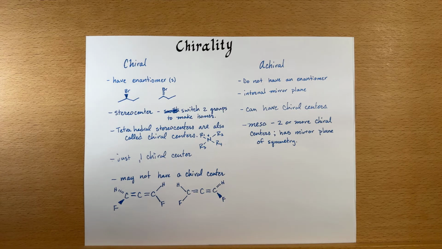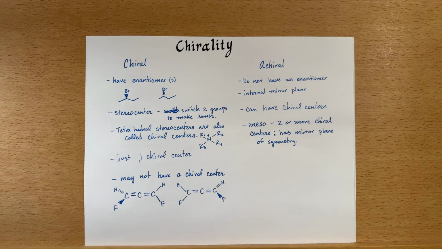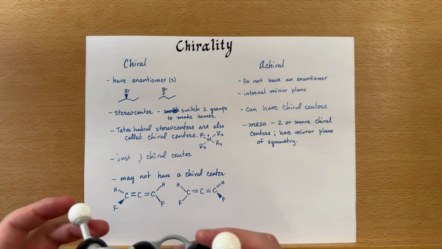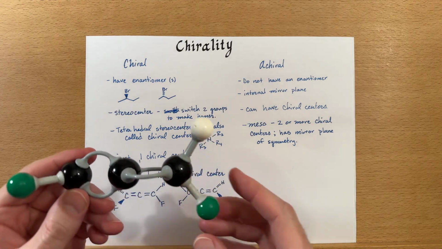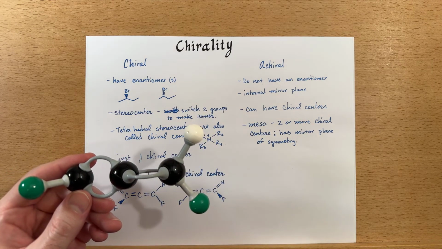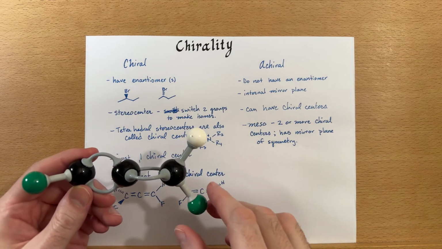And p orbitals are perpendicular to each other. And the model kit does a reasonable job of showing that. So I have made a model of both of these. I just had to figure out which one is which so that I could get that right.